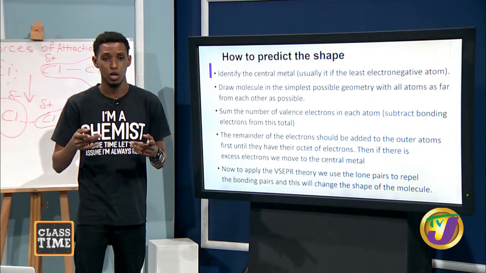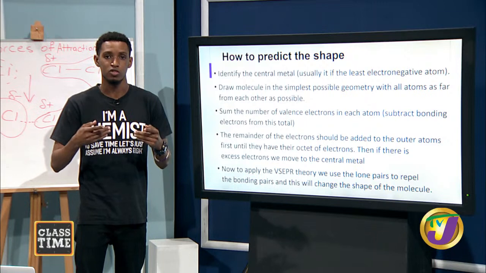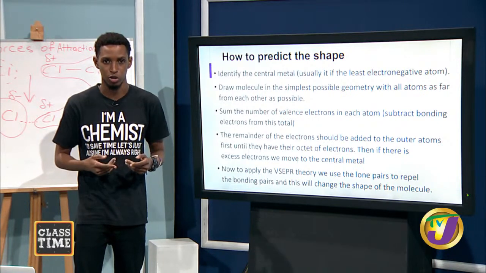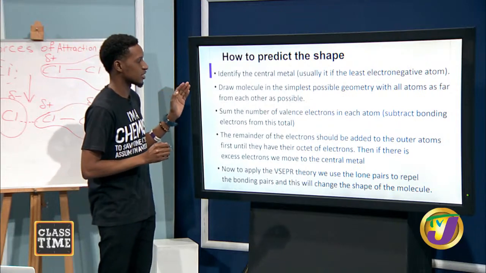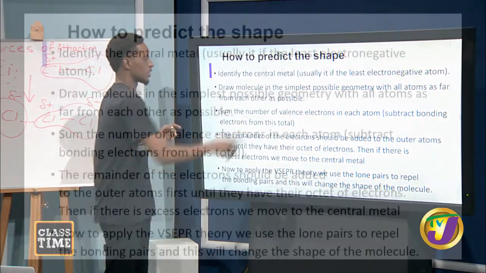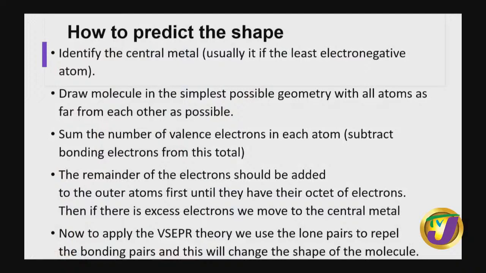So they'll give you the molecular formula, but you would have to predict the shape of that molecule. So the first rule says that you should identify the central atom. This is a typo. It should not be central metal. It should be central atom. So the first thing says identify the central atom or element. And it's usually the least electronegative atom.